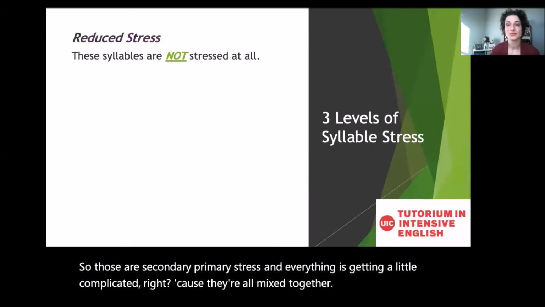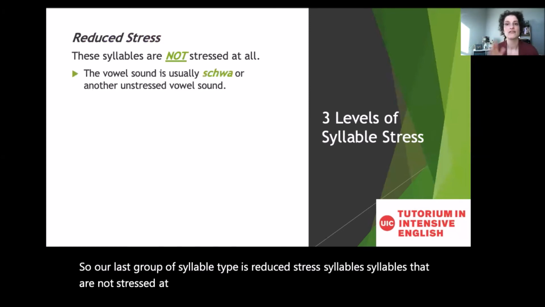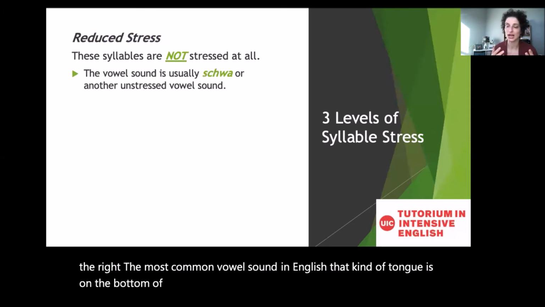So our last group of syllable type is reduced stressed syllables, syllables that are not stressed at all. And the vowel sound is usually the schwa, which is the most common vowel sound in English. That kind of our tongue is on the bottom of our mouth, not doing a whole lot.